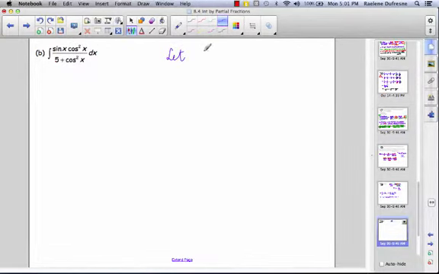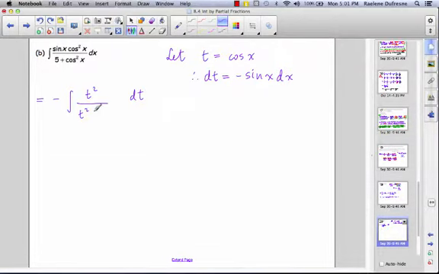So I'm going to let t equal cosine x, so that dt is equal to negative sine x dx. So making this change, I can rewrite this as negative the integral of cosine squared x, which is going to be t squared, and then the sine x dx has the negative dt, which I'll put separate here. And then in my denominator, I have 5 plus t squared, or t squared plus 5.